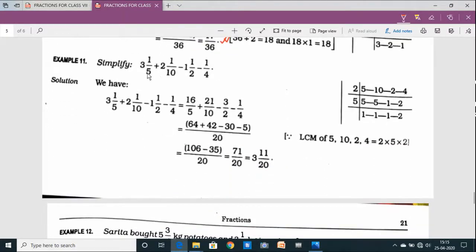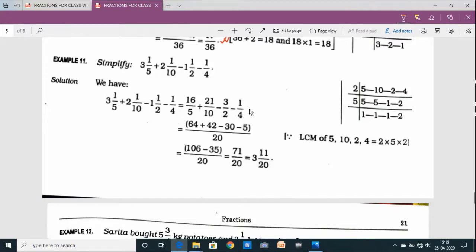This one has mixed fractions, and mixed fractions will be changed into improper fractions. After that we do the question with the same process. Here we have 3 whole 1 by 5 plus 2 whole 1 by 10 minus 1 whole 1 by 2 minus 1 by 4. 3 fives are 15 plus 1, 16 by 5. 2 tens are 20 plus 1, 21 by 10. 2 ones are 2 plus 1, 3 by 2, and 1 by 4.